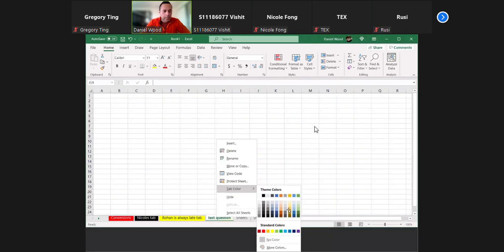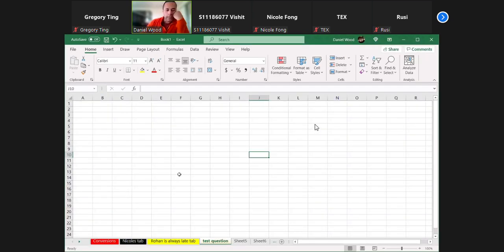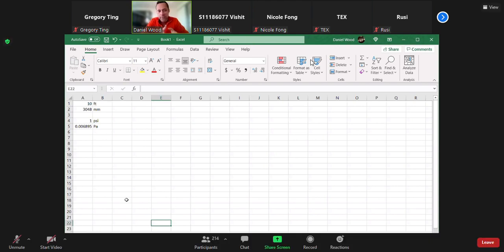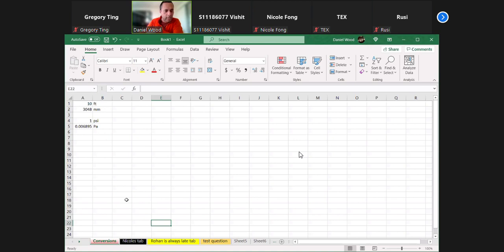Okay, so this is one way to do it. Also, typically when we're doing a stress analysis task, we would have different checks in different tabs. We would have an axial check in one, a bolt check in another one, a bending stress check in another tab, and so on and so forth, okay?